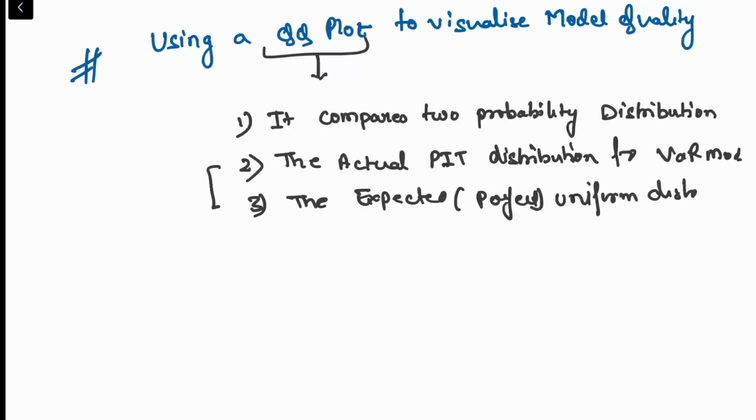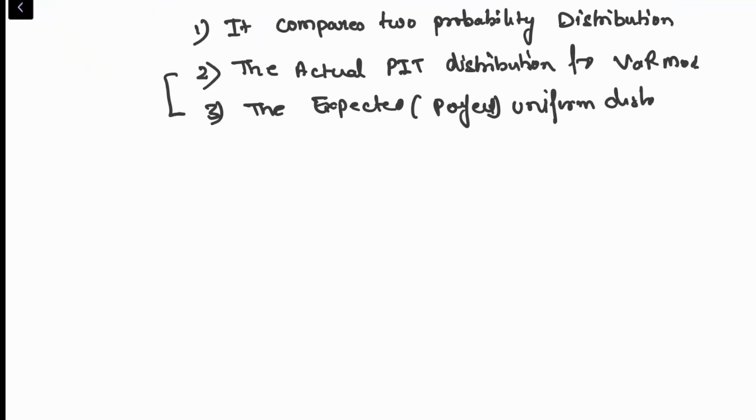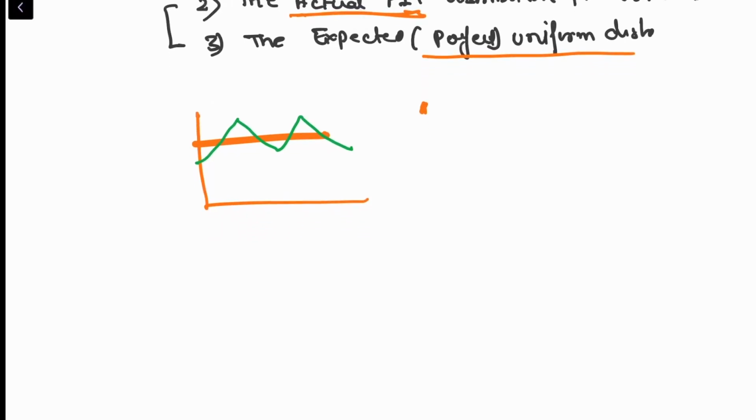So basically it compares these two. The actual is something you have designed using real numbers, and you compare it with a perfect uniform distribution. You wanted the model to be like this, but in reality the model is like this. And you compare both of them.